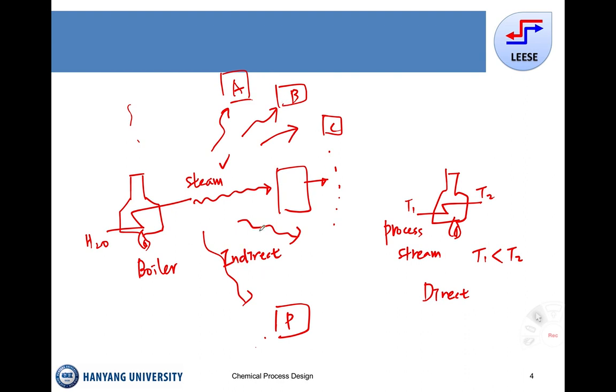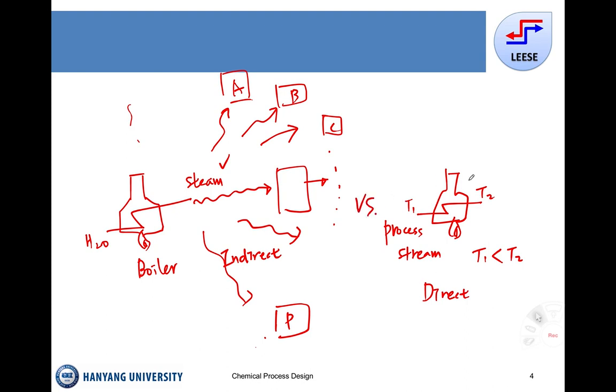This is quite a useful way of making the steam in a central, common place. Then the steam is distributed. So that is the common way of providing the heat in the process industry.